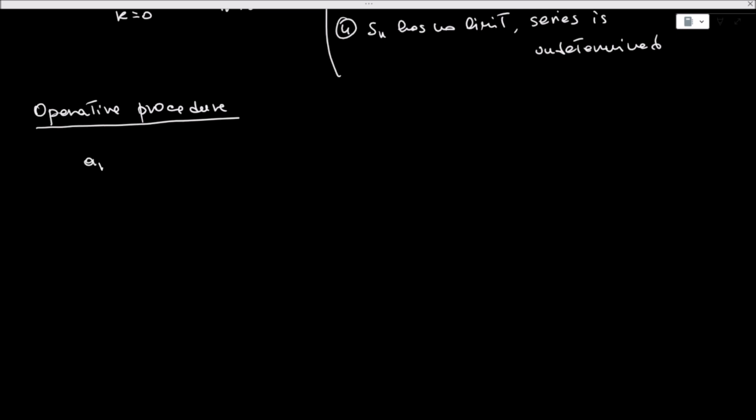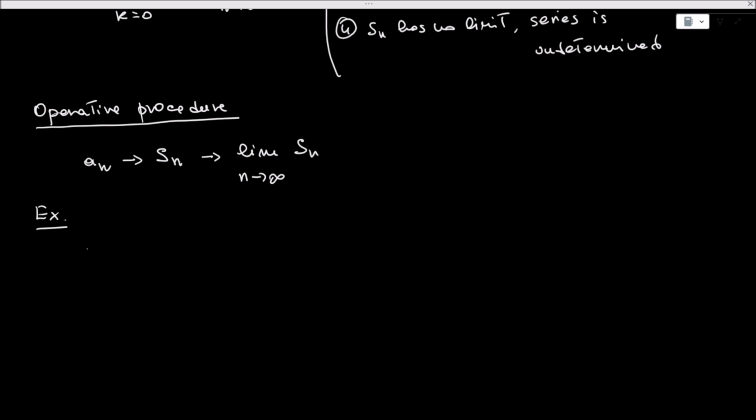Well, we'll start from the sequence an. We find the partial sum Sn, and then we determine, if possible, the limit as n goes to infinity of Sn.